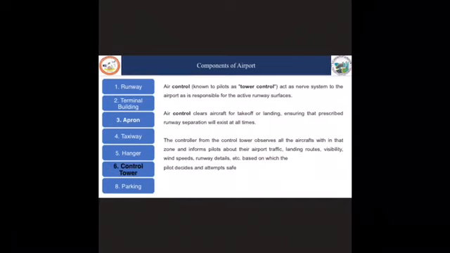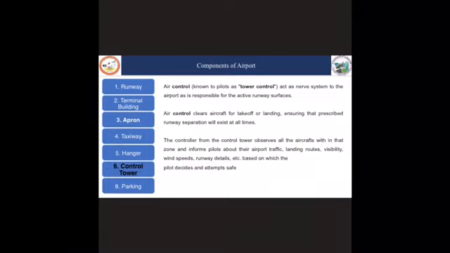Another important component is the air control tower, which acts as the nervous system of the airport, as it is responsible for the active runway surfaces. Air control clears aircraft for takeoff and landing and ensures that the prescribed runway separations exist at all times.